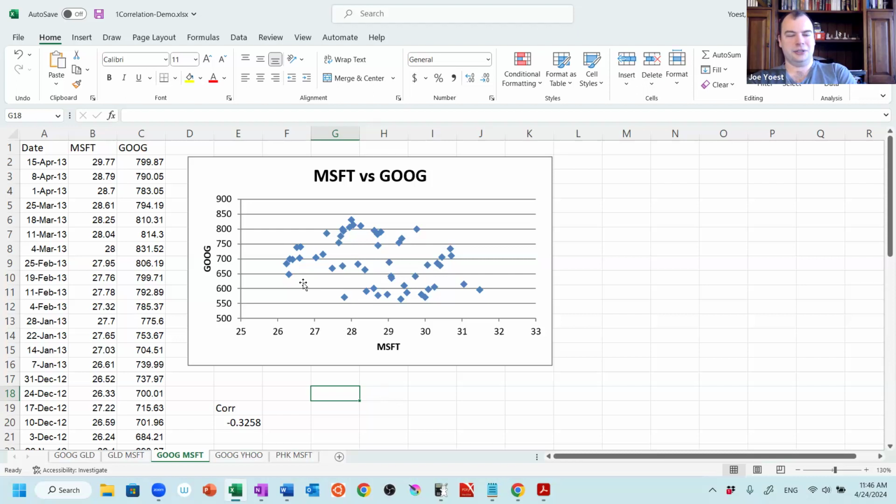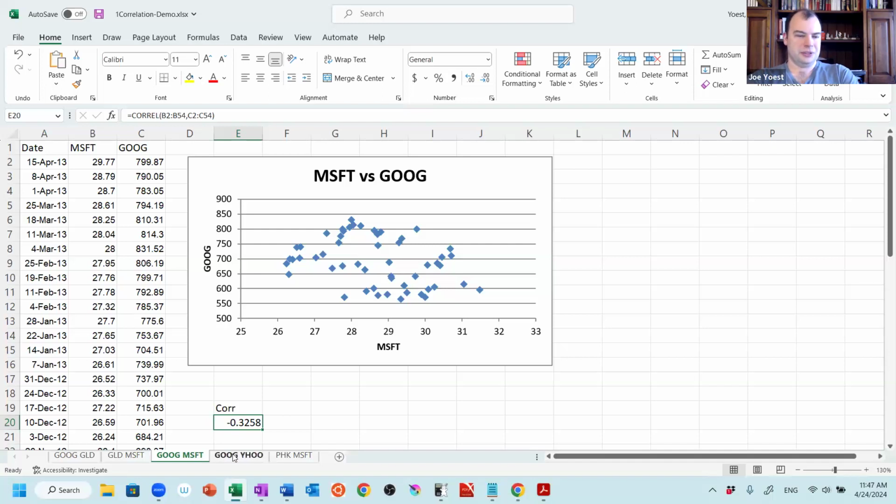Any line that I draw is going to do a good job for some of the data and a terrible job for some other of the data. Again, I see my correlation, negative 0.32. On the scale from 0 to 1, 0.3 is still pretty close to 0. I probably still would say that there's a low degree of linear relationship between these two variables. And I'm not so interested in the sign of the relationship.